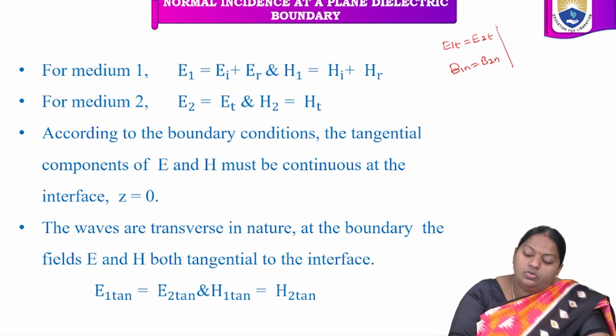Depending upon these two, we will write D1t by epsilon 1 is equal to D2t by epsilon 2. Similarly, from this, mu 1 H1n is equal to mu 2 H2n.